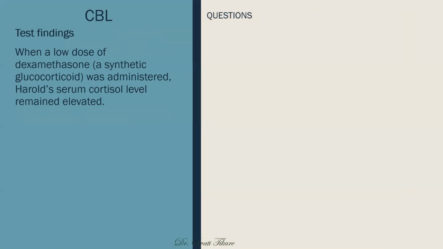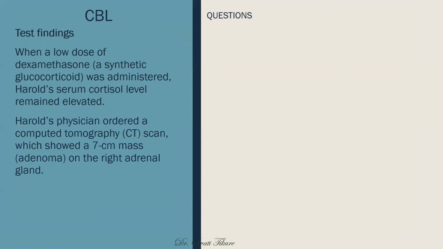So one more test which can be done is what is called the dexamethasone test. When a low dose of dexamethasone, which is a synthetically prepared cortisol, was administered, Harold's serum cortisol level remained elevated. Once the CT or computed tomography scan was done, it showed a 7 centimeter mass or adenoma on the right adrenal gland.